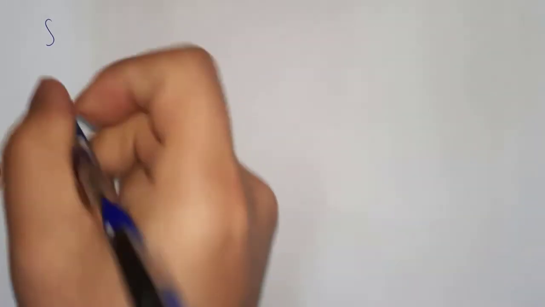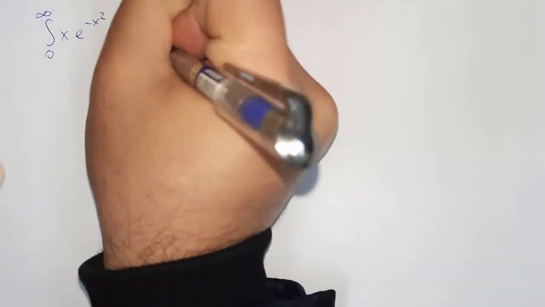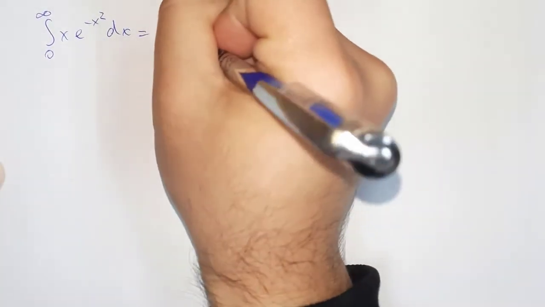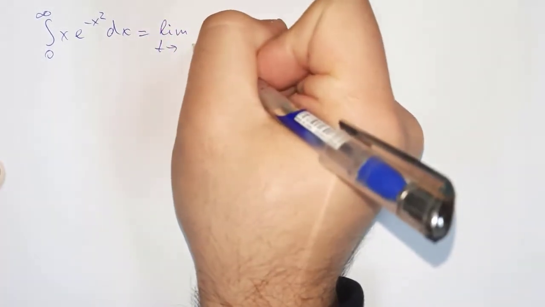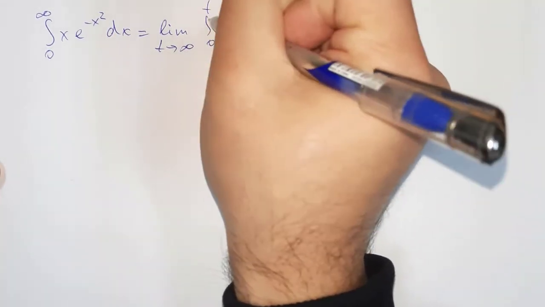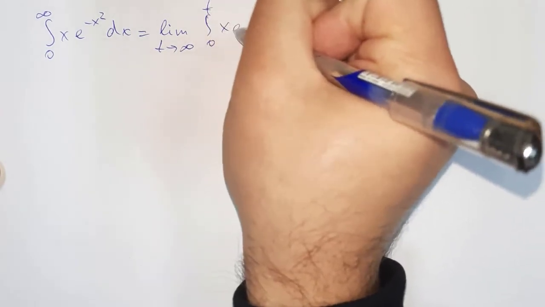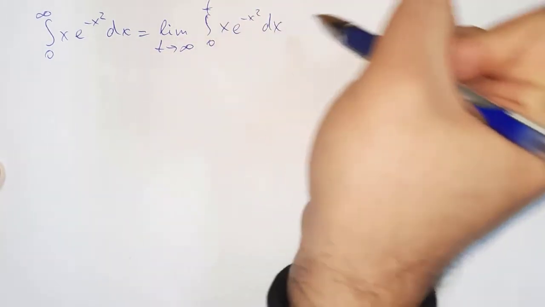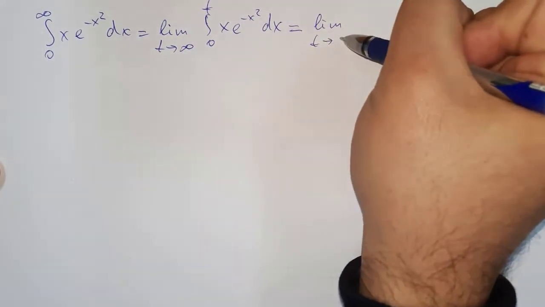So the second integral is here, the integral from 0 to plus infinity of x e to the power of minus x² dx. Again we need to change our infinity bound with a limit, t tends to plus infinity now, the integral from 0 to t of x e to the power of minus x² dx.